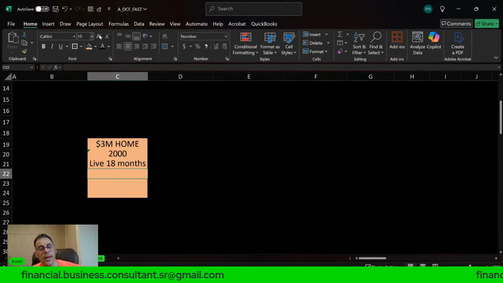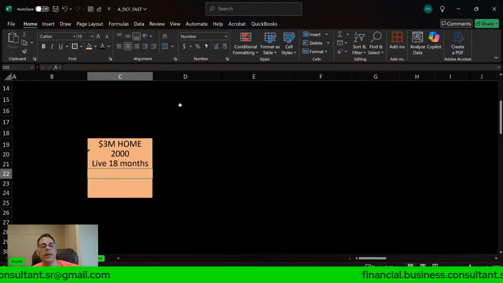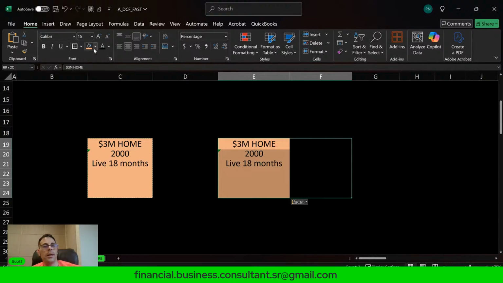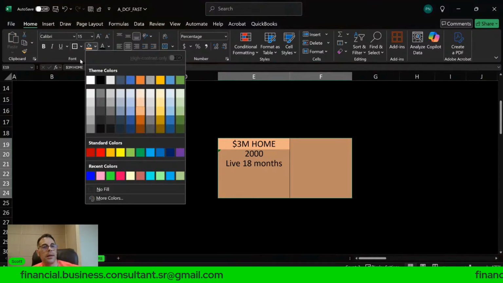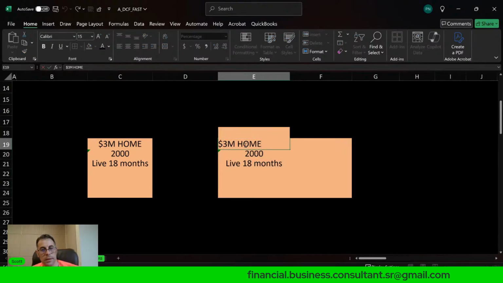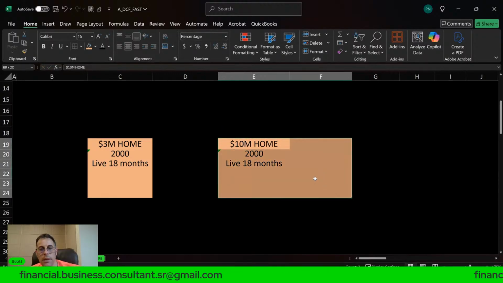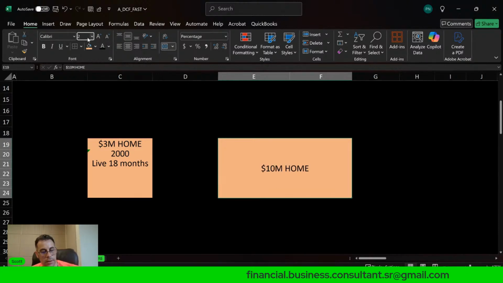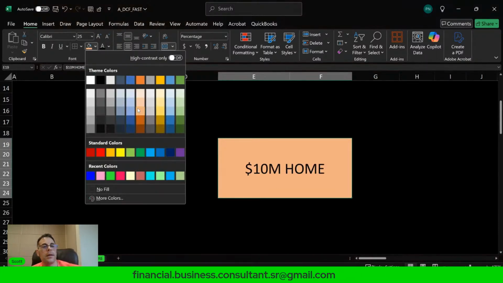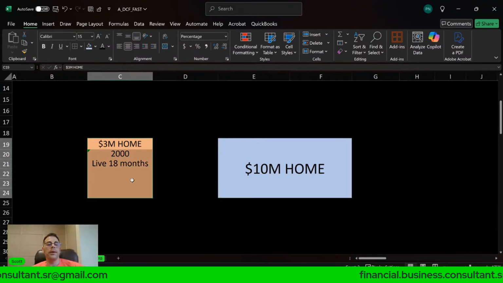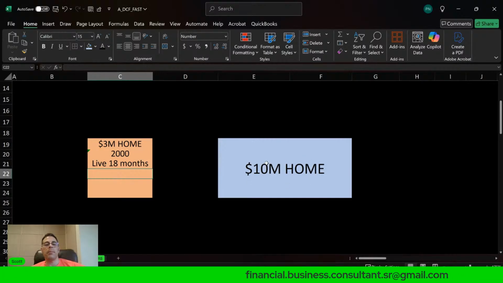And she's like, I hate this house. It's so small and cramped. You got to buy a $10 million home. She complains, oh, this house sucks, this $3 million home. I want the one across the street, there's this $10 million home.